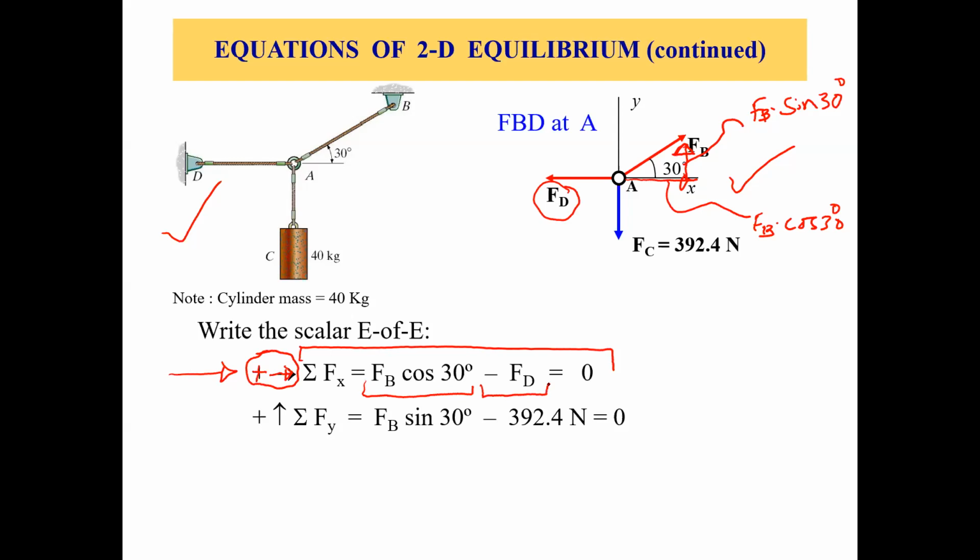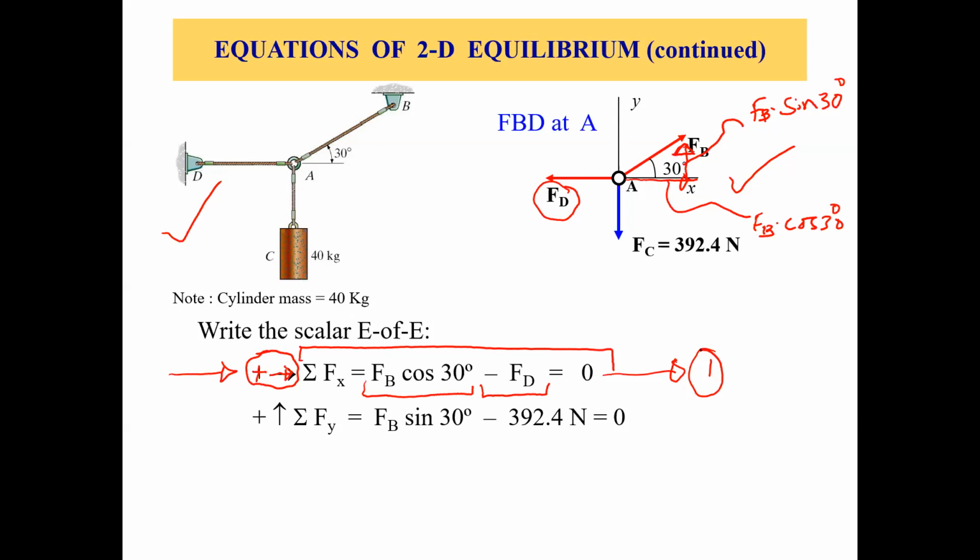We had only these two forces in the x direction, so that's how we can write this equation. Let's call it equation 1. This first equation is the summation of forces in x direction equal to 0, because there's no unbalanced force, so both of these forces balance out each other.